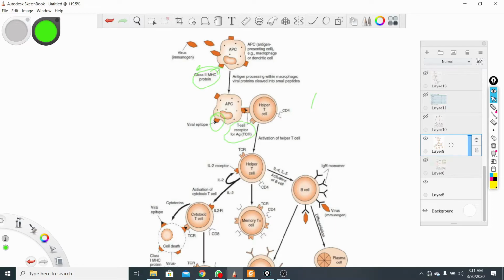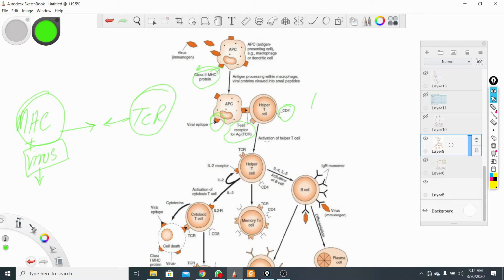Here are the MHCs with the virus, and these are interacting with the TCRs. These are the TCR receptors, whereas this is the MHC plus virus, not the complete virus but a small portion of it. These helper T cells express another receptor on the cell surface, which is CD4, and here you can see the CD4.